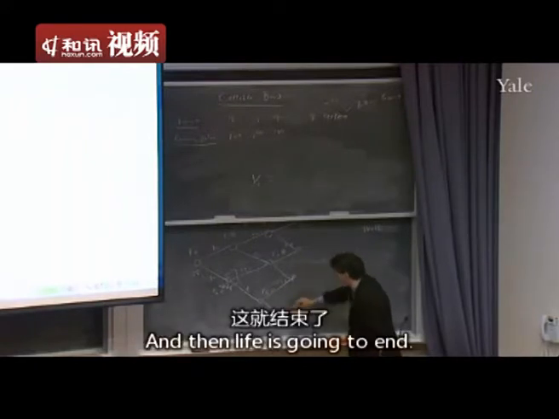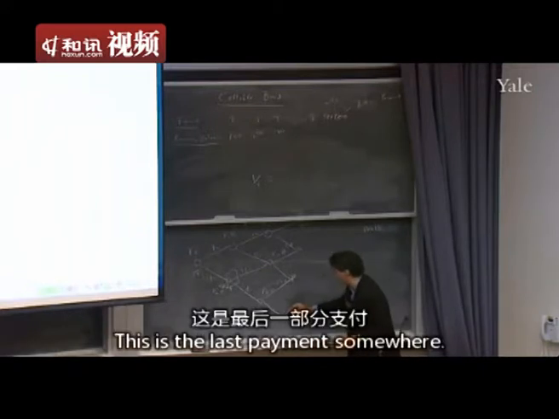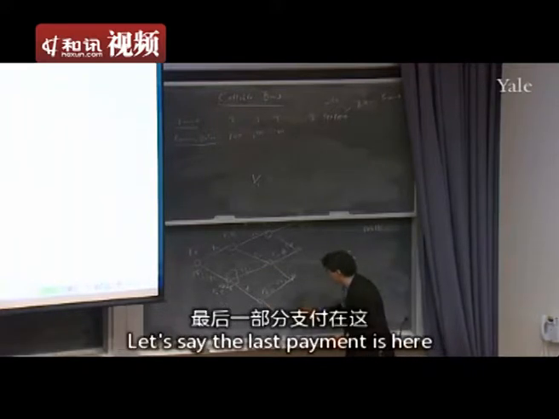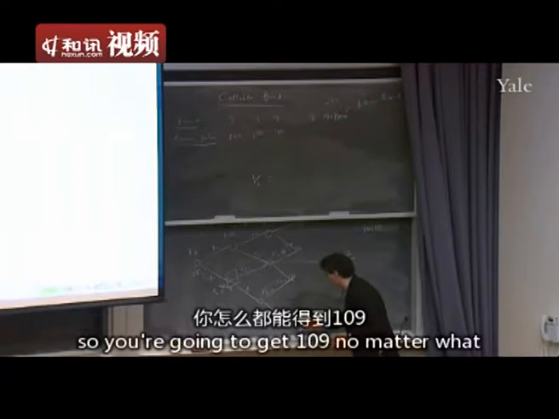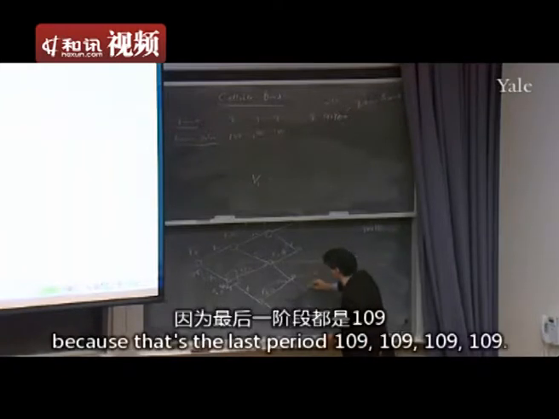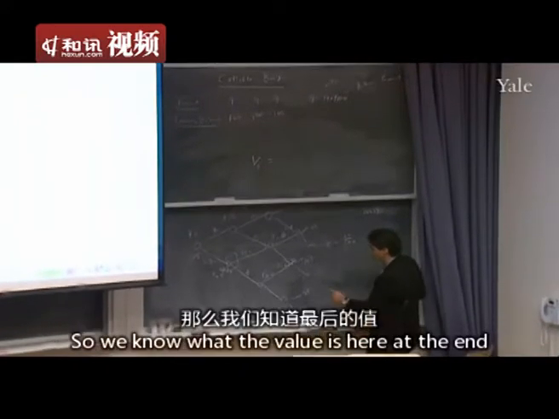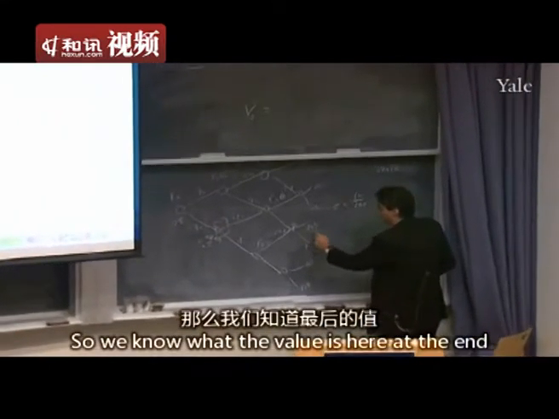And then life is going to end. This is the last payment somewhere. Let's say the last payment is here. So you're going to get 109, no matter what, because that's the last period: 109, 109, 109, 109. Okay, so we know what the value is here.